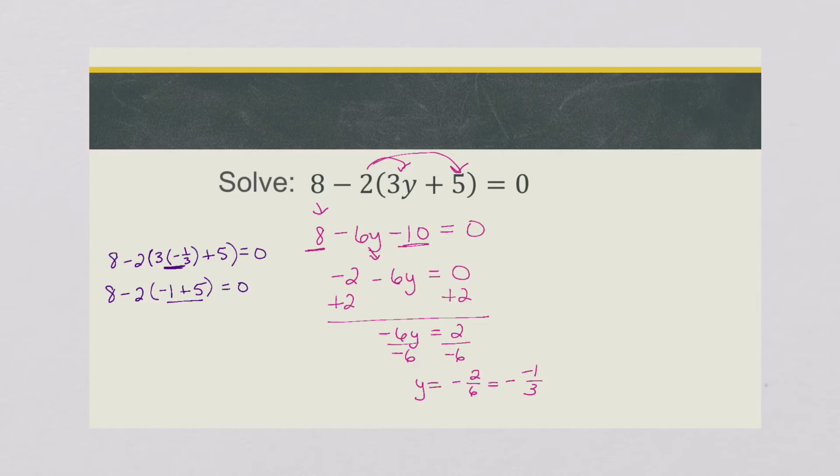Now I need to combine that. Negative 1 plus 5 is 4. Now I want to multiply here, so 8 minus 8, and that is 0. So y does equal negative 1/3.